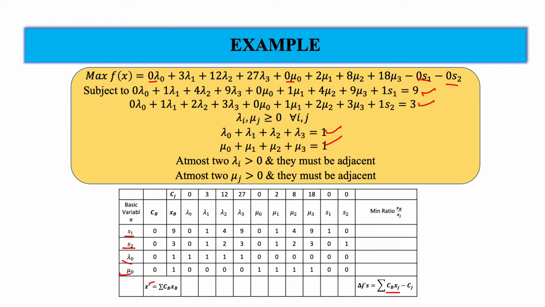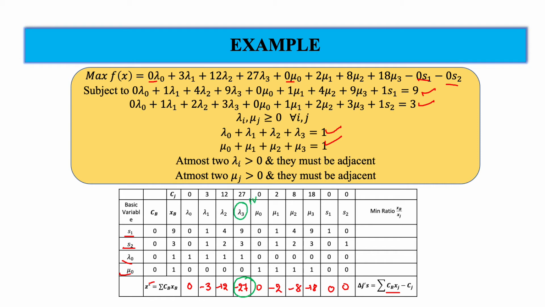So the negative of cj we will write here, that is 0, minus 3, minus 12, minus 27, 0, minus 2, minus 8, minus 18, 0, 0. Which one is the most negative? Delta j, minus 27 is most negative. So lambda 3 is my incoming variable.